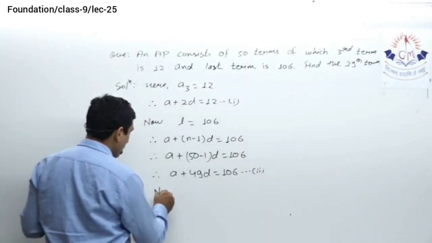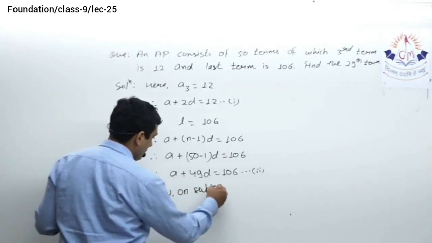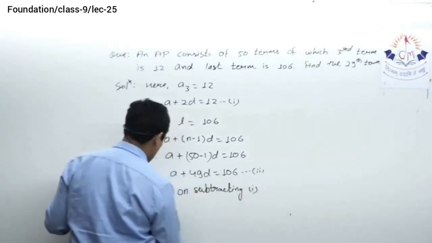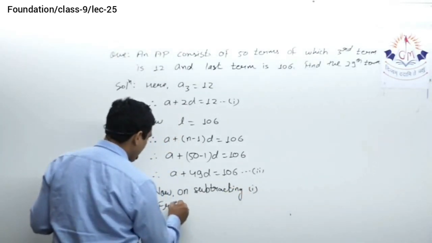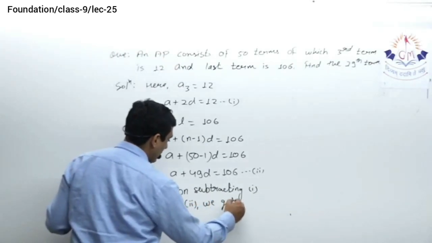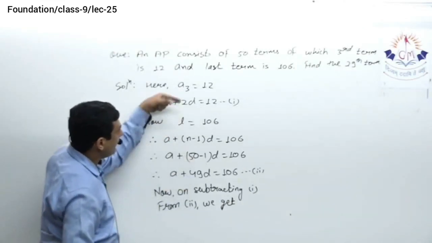So now on subtracting first from second we get, let us see what we'll get. A minus A, it will cancel out, 49D minus 2D.